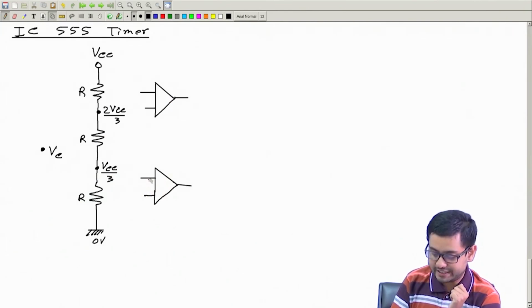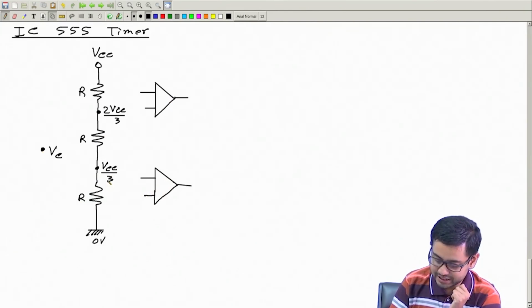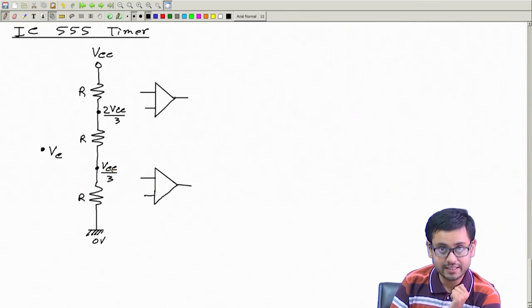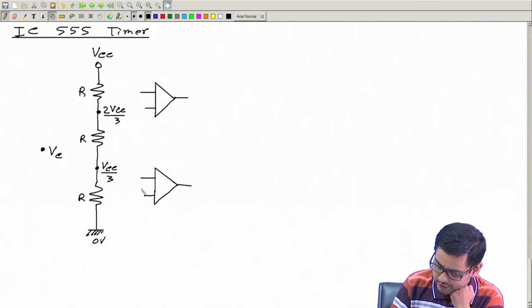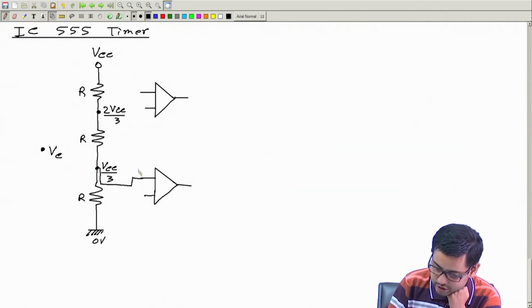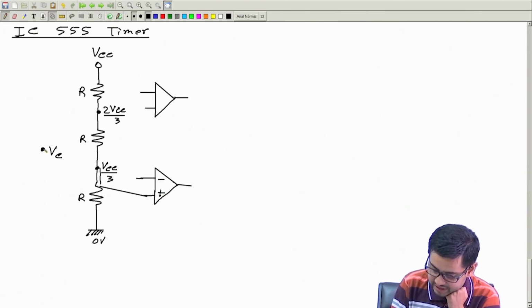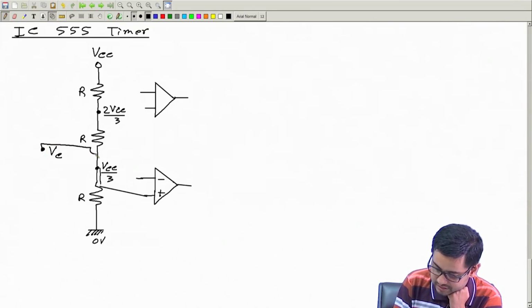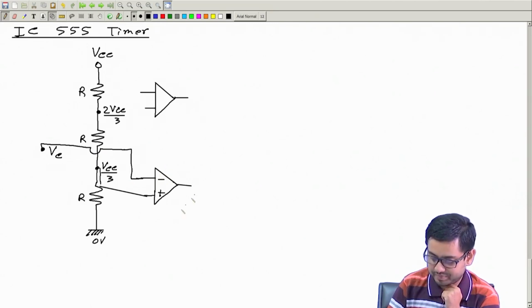Say this comparator will tell me if VC is lower than this. So, what we can do, let us connect this to the plus terminal, and let me connect this to the minus terminal.